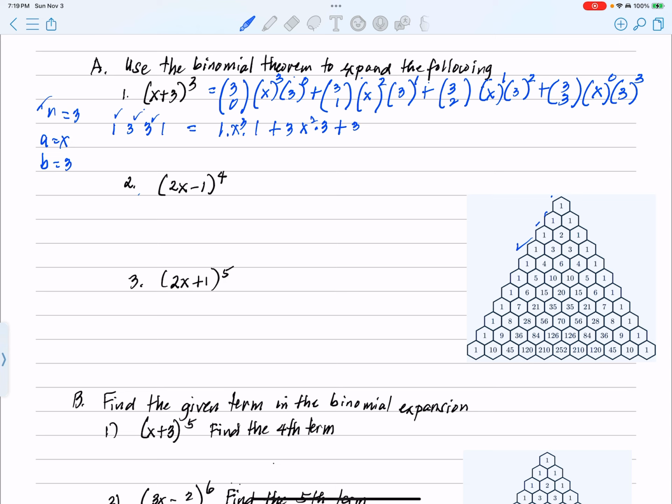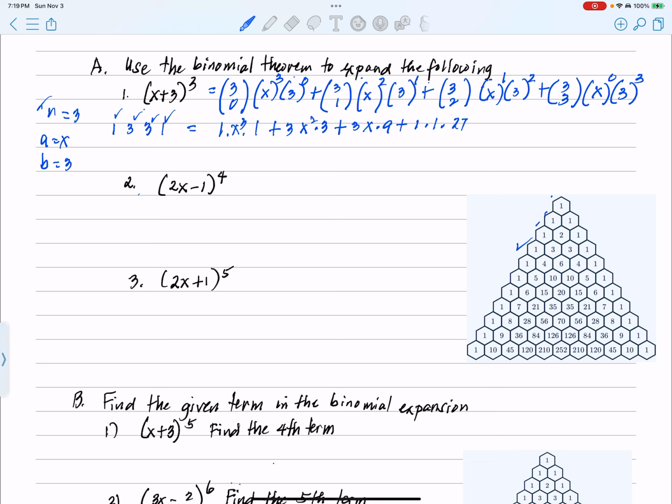Then x to the first, then 3 to the second, that is 9. Okay. 3 choose 3 is 1. Times x to the 0, it's 1. 3 to the third, 3 times 3 times 3, that's 27.